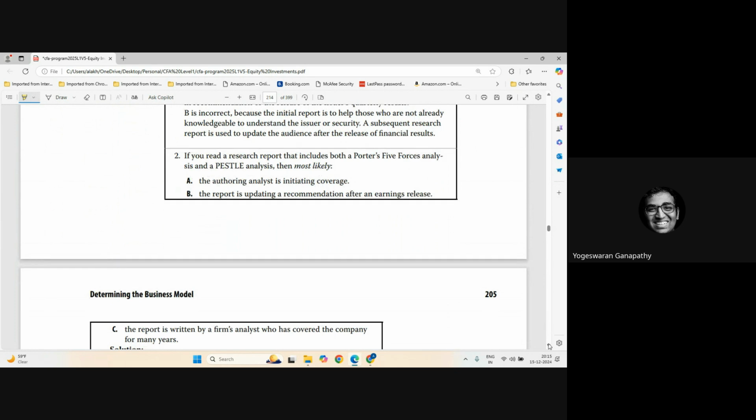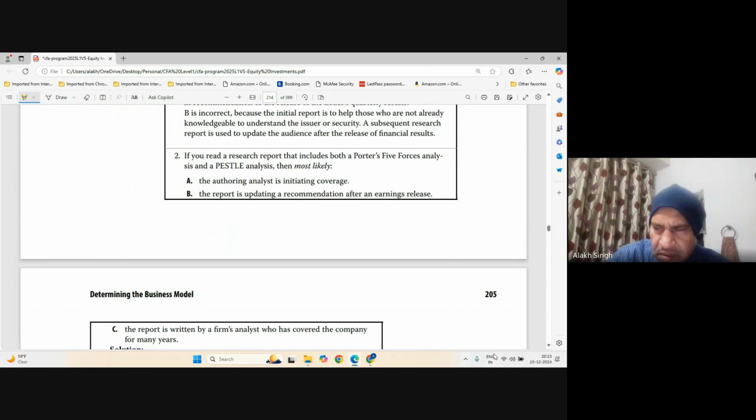If you read a research report that includes both Porter's five forces analysis and a PESTLE analysis, then most likely: A, the authoring analyst is initiating coverage; B, the report is updating a recommendation after an earnings release; C, the report is written by a firm's analyst who has covered the company for many years. No, sir, it is only initiating coverage.